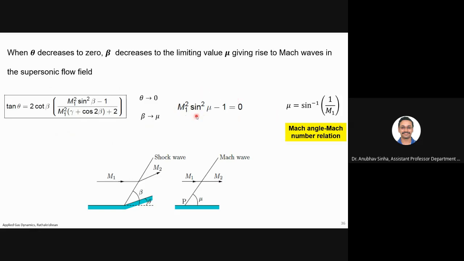In other words, mu is sine inverse of 1 by M1. This is called the Mach angle Mach number relation. So if theta is 0, then we have a Mach wave, and we can use mu equal to this and solve. That is the limiting case when theta goes to 0.